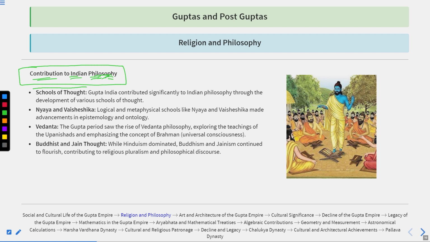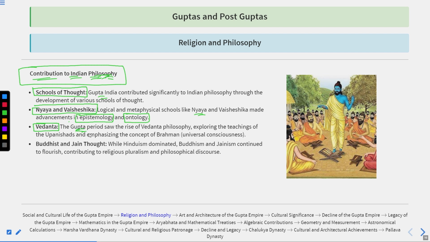If we talk about schools of thought, during the Gupta period India contributed significantly to Indian philosophy through the development of various schools of thought, like Nyaya and Vaisheshika, the logical and metaphysical schools that made advancements in the fields of epistemology and ontology.